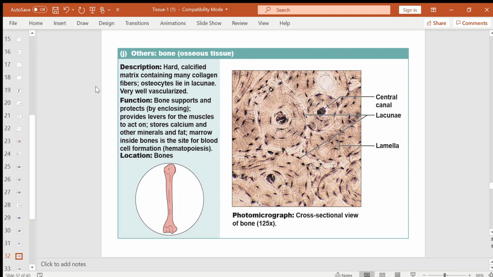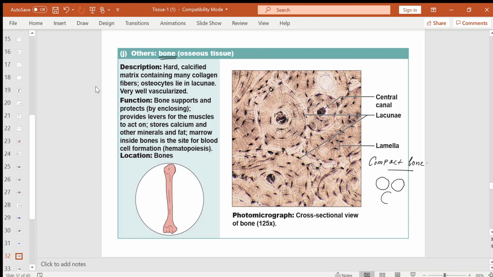Now we'll see another type of connective tissue structure, that is the bone. Bone is a connective tissue, and if you see the structure of a compact bone, inside the compact bone you will see the round structures.